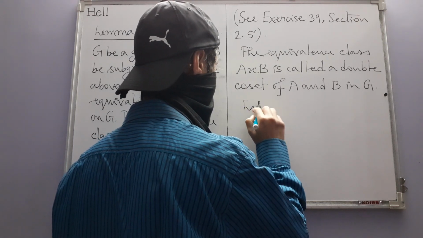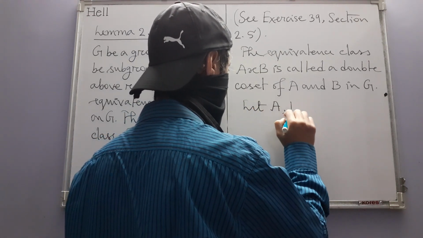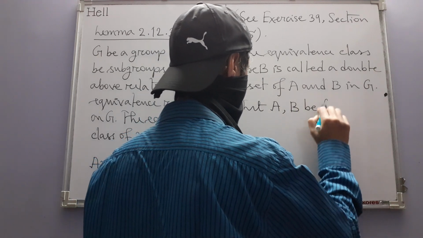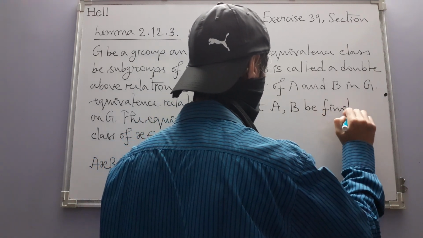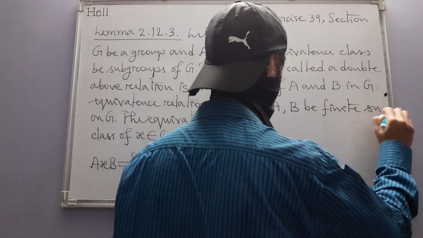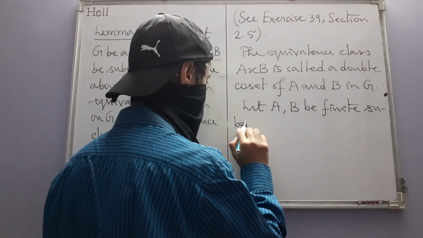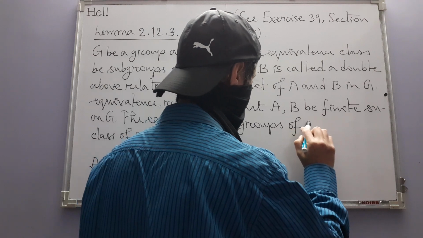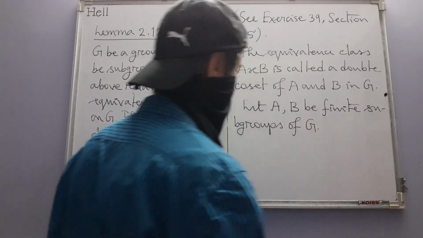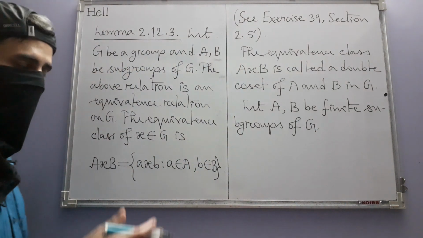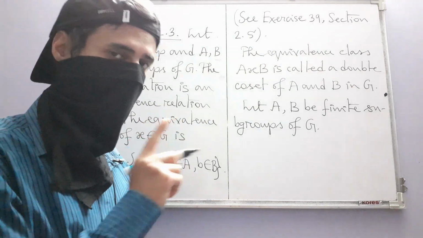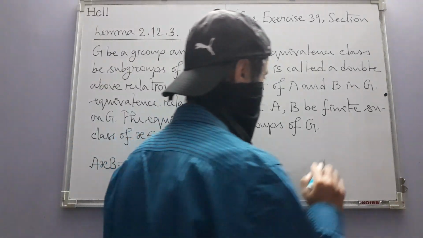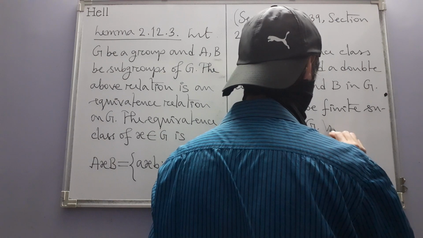Let A and B be finite subgroups of G. G may itself be infinite, but A and B are finite.